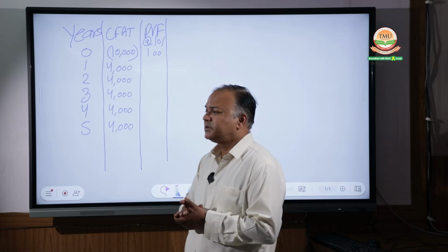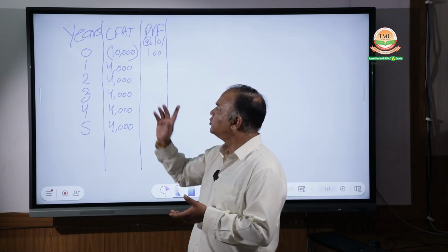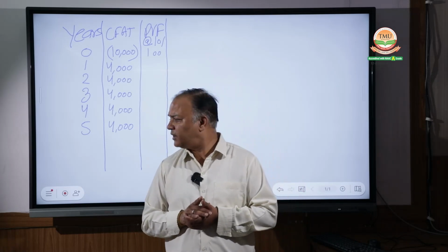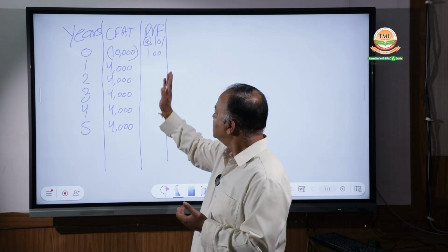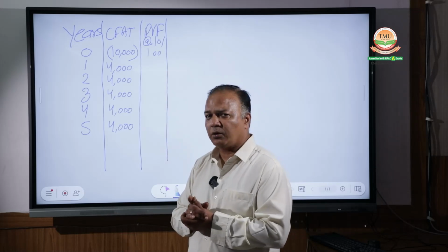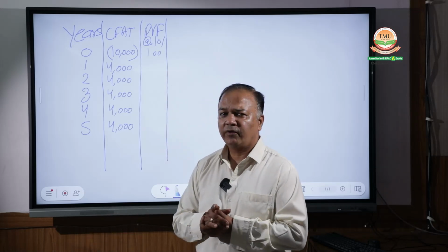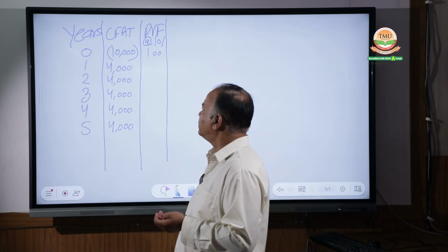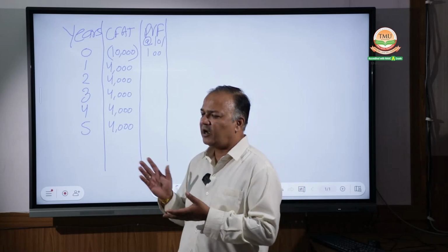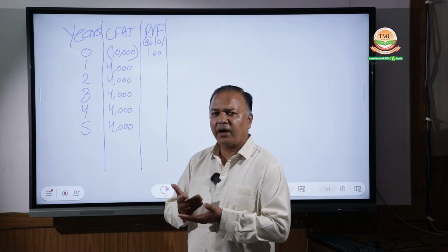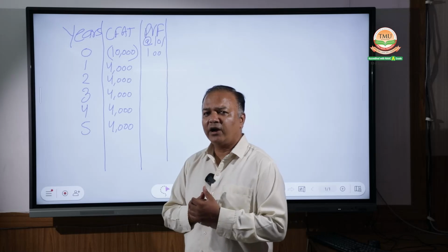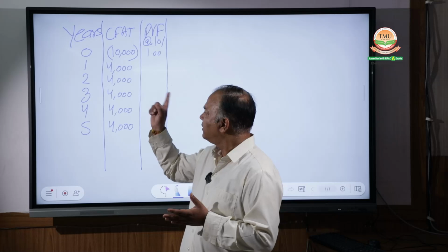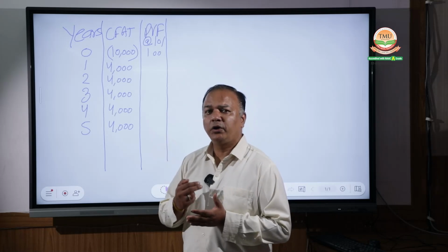A number of times I have discussed that whenever you have to write down the value of the present value factor, you may take the help of the table, and you also have the option to calculate it. What is the way? Simply do 100 by 110 if you have to find it at 10%. If you have to find it at the rate of 12%, then the present value factor will be 100 by 112.